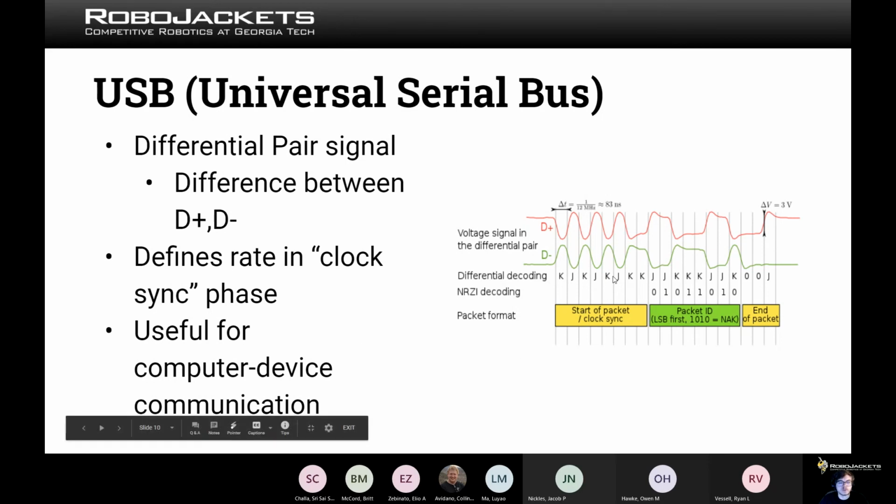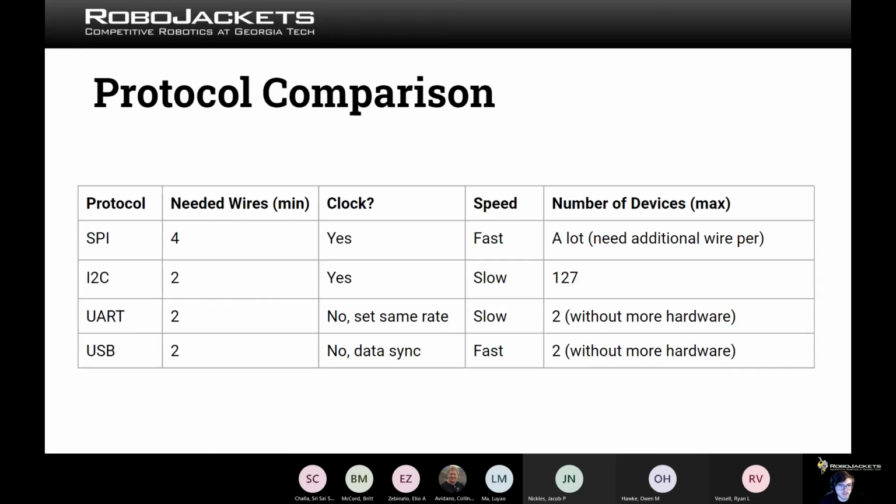USB, you've probably heard of a lot. You have tons of devices, your mouse or keyboard or whatever it is. We often don't use USB between embedded systems, but we often do use it between our microcontroller and our PC.